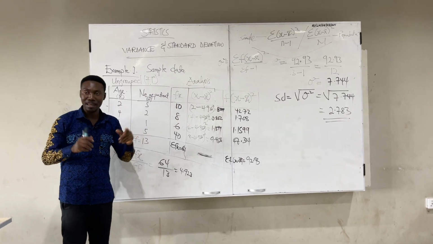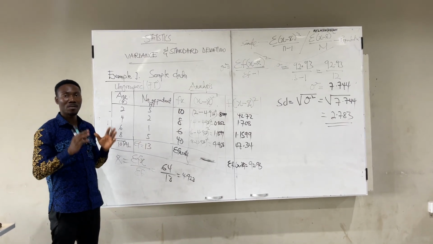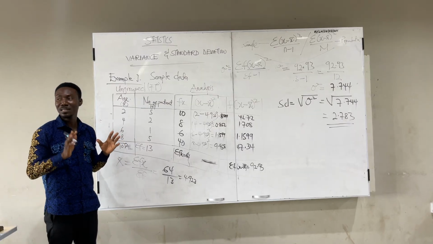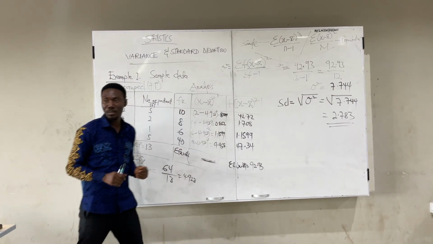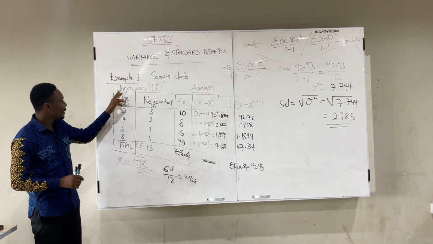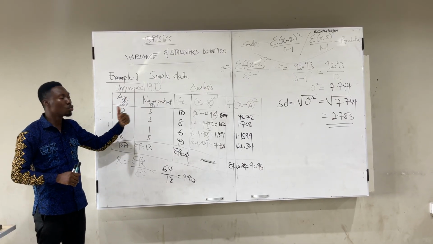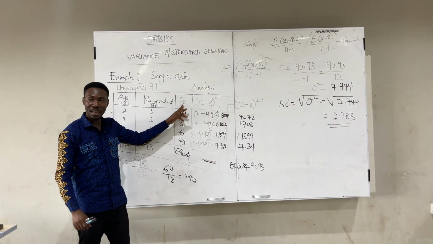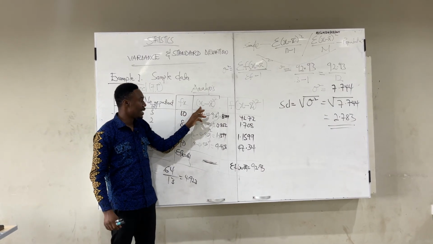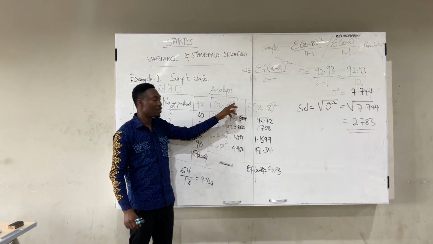Remember that anytime you are asked to calculate the variance in a frequency distribution table, especially an ungrouped frequency table, you need to introduce 3 new columns. The first column is the f of x. The second column is x minus the mean, close the bracket, squared.